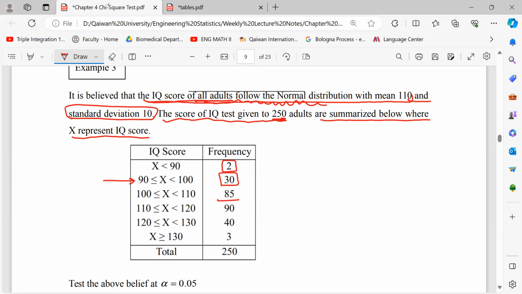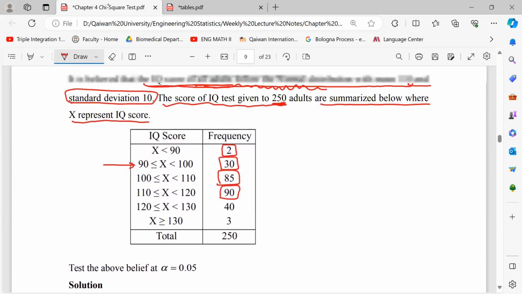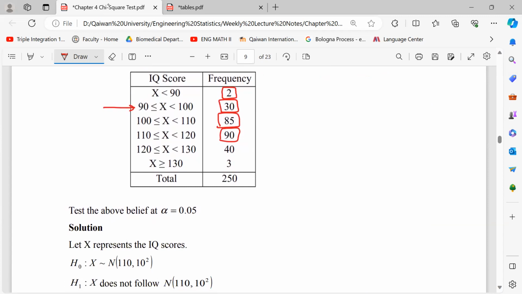And 85 adults got 100 to 110 in the IQ test. Then 90 adults got 110 to 120 in the IQ test, and so on. Test above, taking alpha to be 0.05.